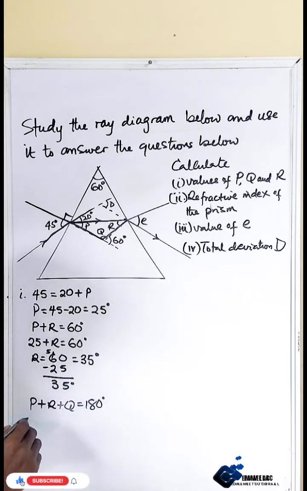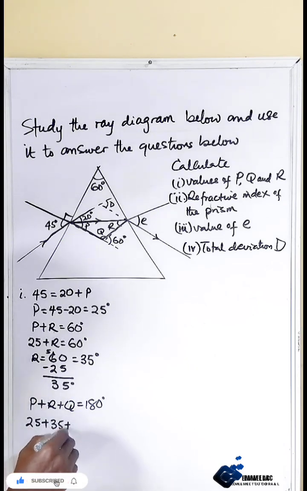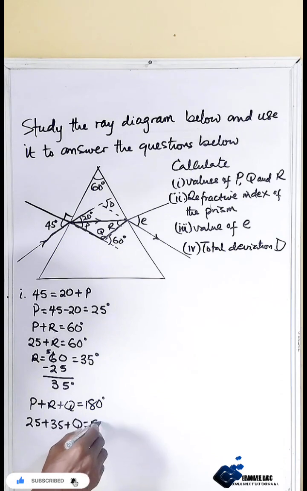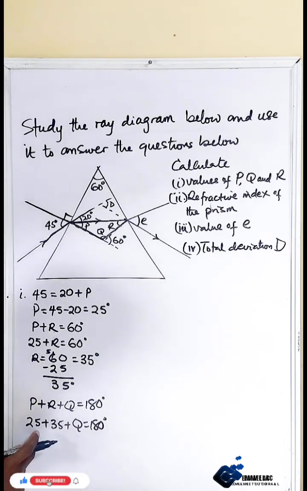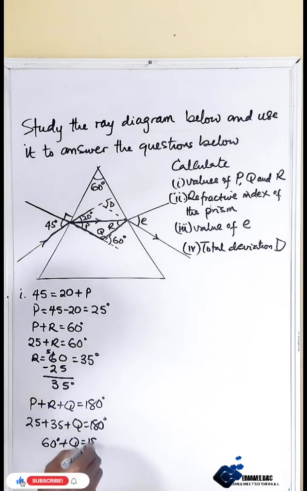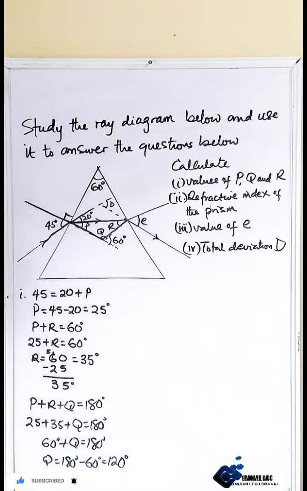Our P is given as 25, our R is given as 35, and our Q is unknown. When we add this together, it will be 60 plus Q equals 180. So our Q will now be 180 minus 60, which is 120. All right, and that is that.